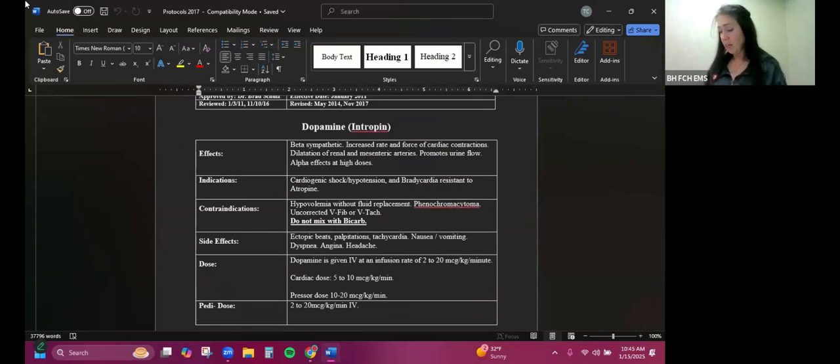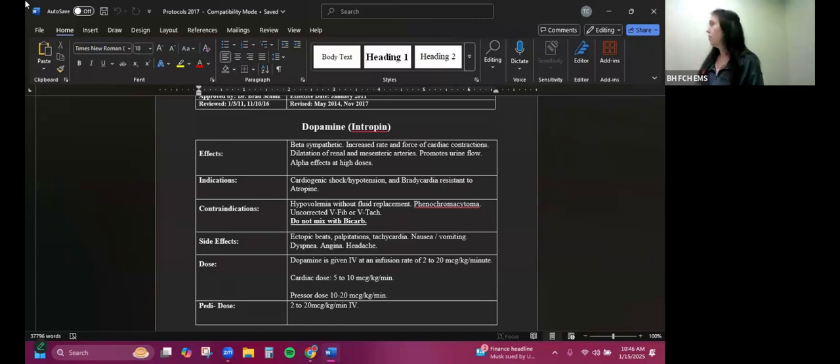It has alpha effects at a higher dose. Your indications are cardiogenic shock, hypotension, and bradycardia resistant to atropine. Your contraindications are hypovolemia without fluid replacement, uncorrected VFib or VTach, and you do not want to mix this with bicarb.